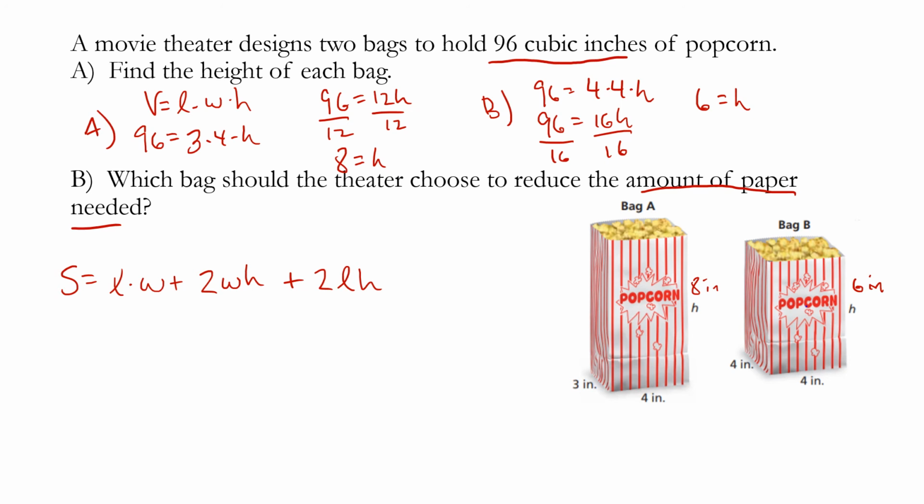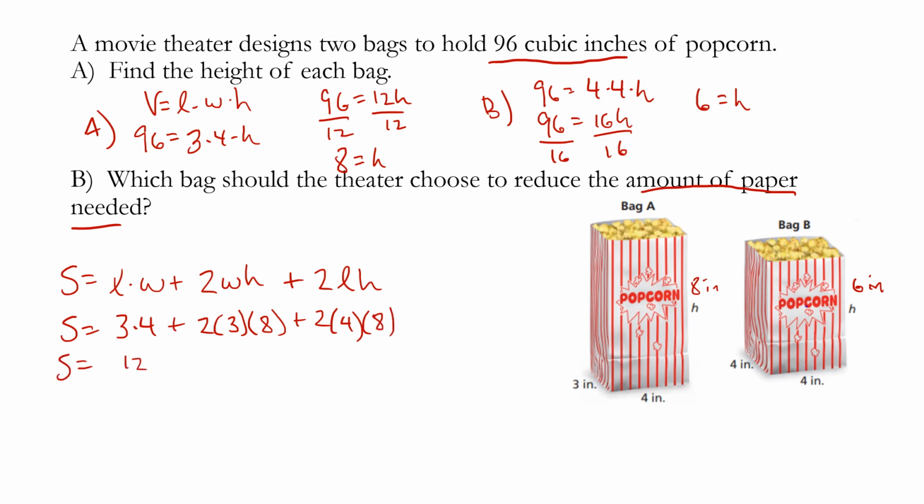So I'm going to do that for bag A. So length times the width is 3 times 4 plus 2 times our width, which is 3, times our height, which is 8, plus 2 times our length, which is 4, times our height, which is 8. So now I'm simplifying that.